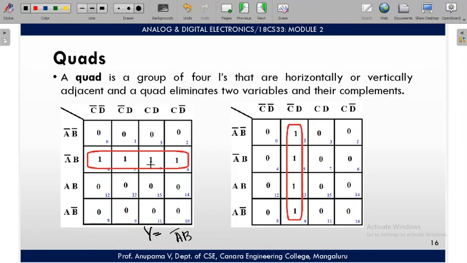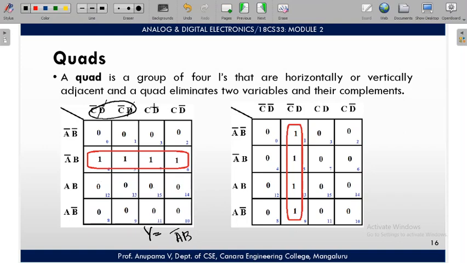Now go to the respective columns. First let us see the first two variables. In the first two variables, I can see the variable D changing its form from D bar to D. So D gets eliminated along with its complement.